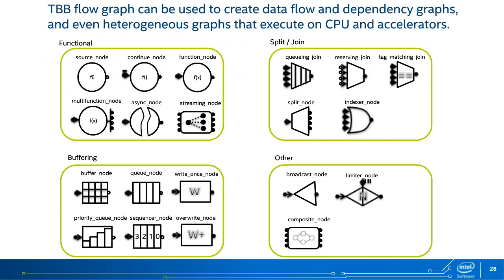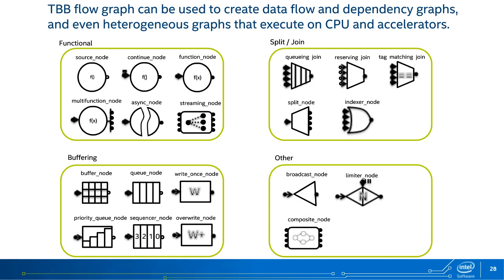The TBB flow graph can be used to create data flow and dependency graphs, as I said, and even heterogeneous graphs that execute on the CPU and offload work to accelerators. To support these different kinds of graphs and different use cases, there are a number of node types defined in the API.